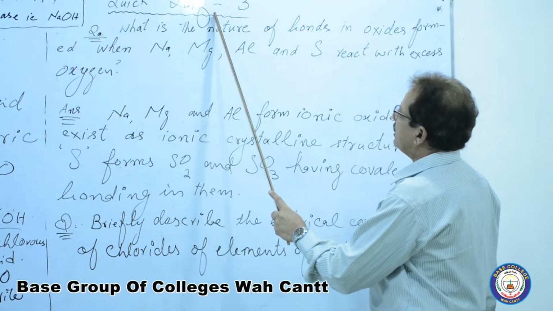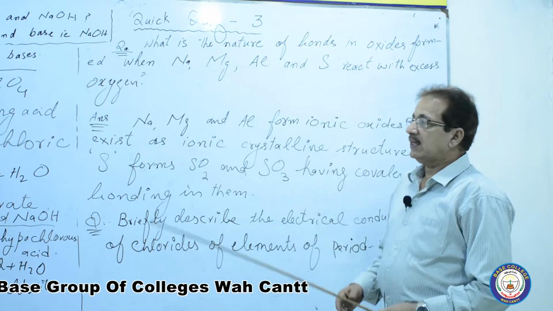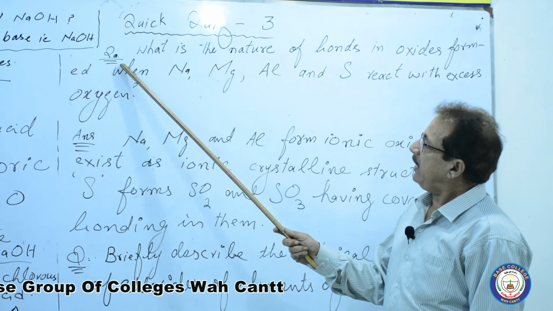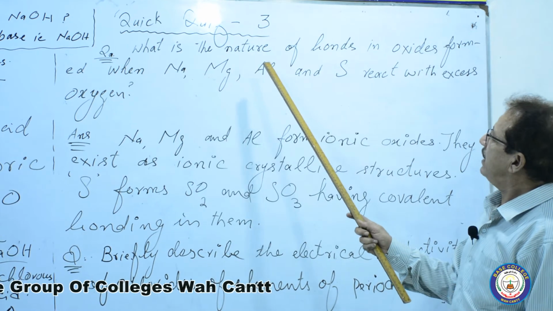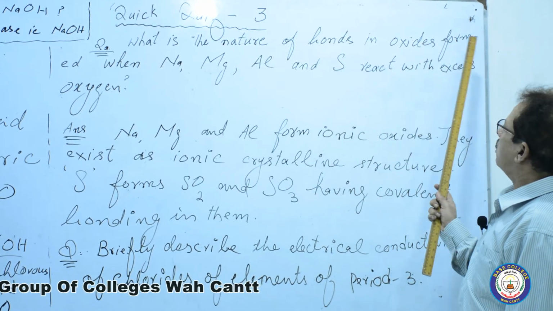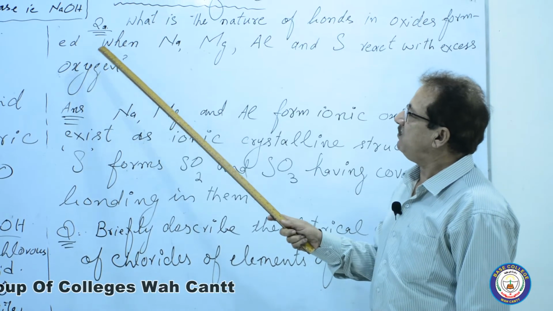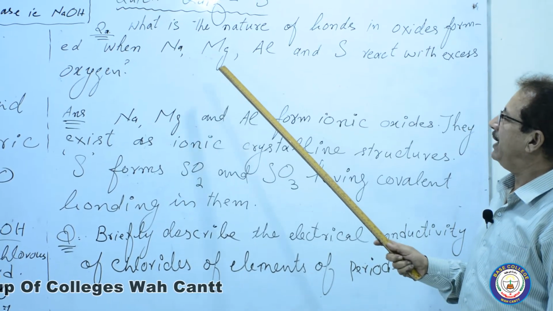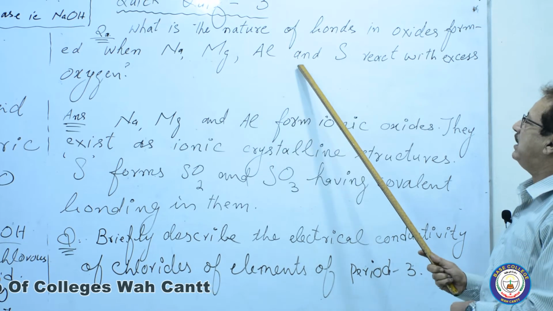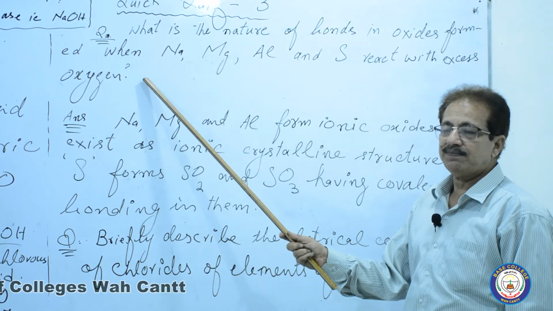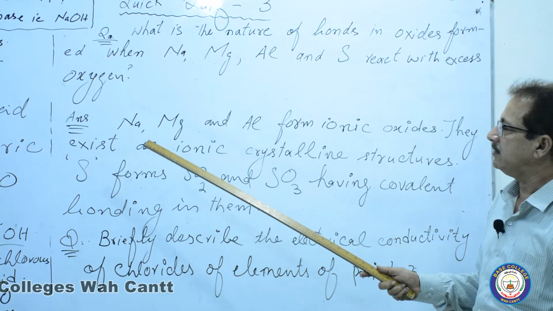Now quick quiz number 3. The A question: what is the nature of bonds in oxides formed when sodium, magnesium, aluminum and sulfur react with excess oxygen?